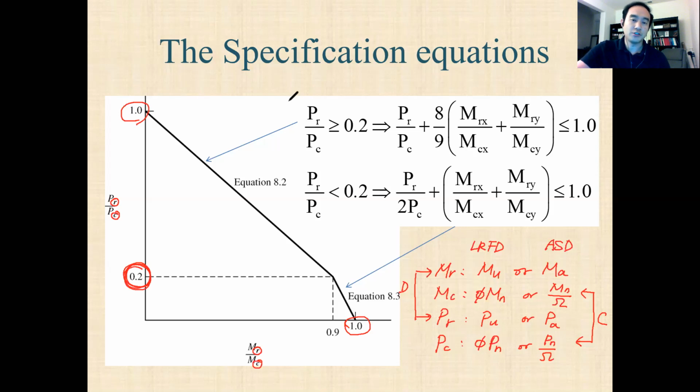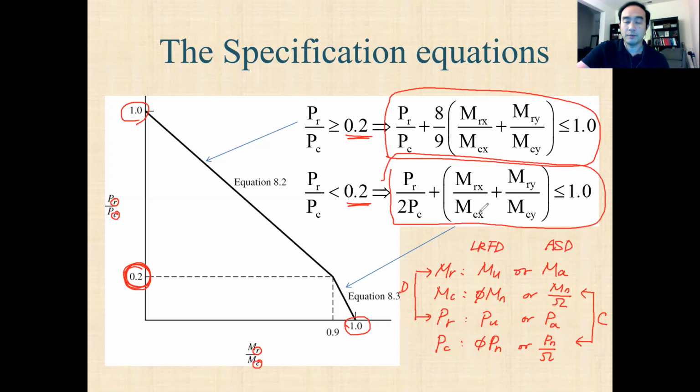When you take the demand to capacity ratio based on the actual force, if that value is larger than or equal to 0.2 or less than 0.2, we have two different equations based on these two different slopes, right? So when this ratio is larger than or equal to 0.2, then we have to use this equation. If this ratio is less than 0.2, then we have to follow this equation.